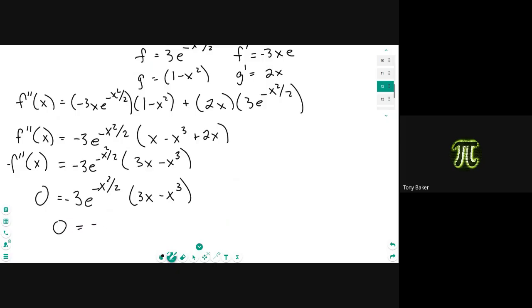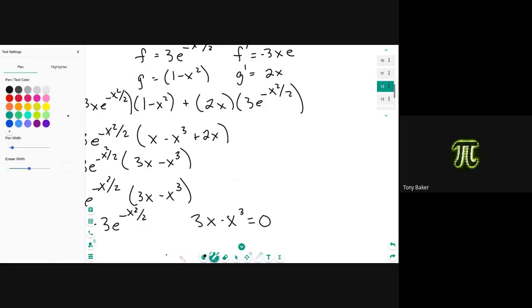We can set each piece equal to 0. Can the E part ever be 0? No. So I don't even have to worry about this piece.